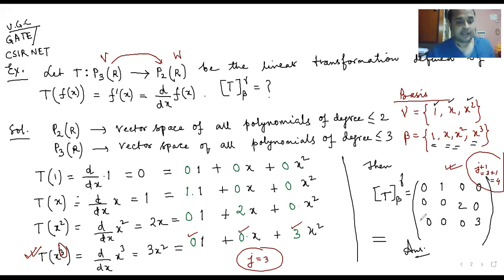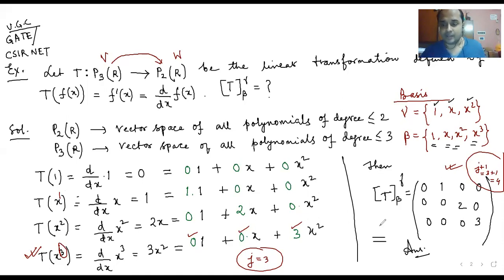The coefficients of Tx2 are obtained in the 2 plus 1, that is the third column. Coefficients of Tx1 are obtained in the second column, 1 plus 1. Coefficients of Tx0 are obtained in the first column, that is 0 plus 1.